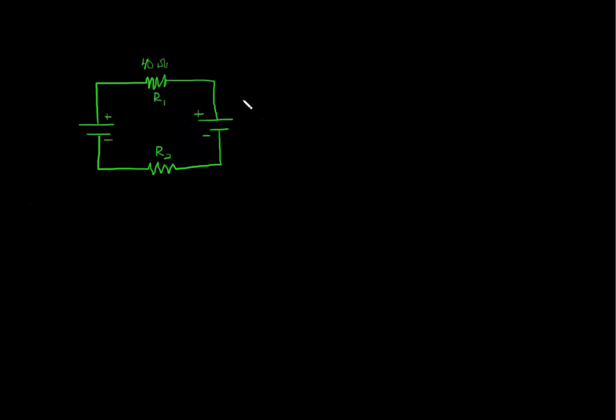So this is going to be 40 ohm, and then we'll have a 9 volt, a resistance of 20 ohm, and then a 6 volt battery. All right. So then what we want to know is what's the current in the circuit, and what's the potential difference across each of the resistors.